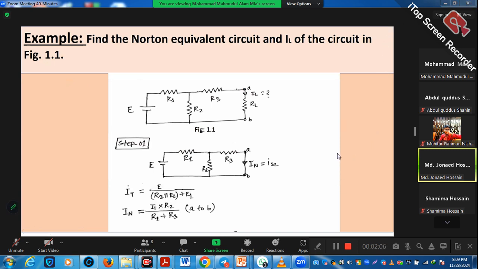Now here is the example: find the Norton equivalent circuit and IL of the circuit in figure 1.1.